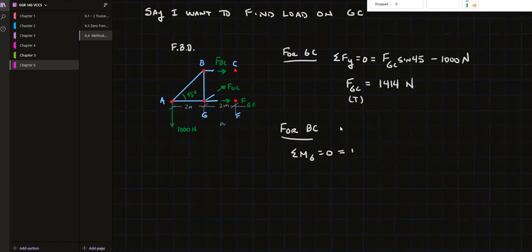So I've got 1,000, and that has a tendency to rotate about G in the positive sense. And then I have minus force BC, which is going to tend to rotate in the negative sense, and that's a distance of 2. If you look up above, you'll see that's a distance of 2. So these cancel out, right? And we end up with just F of BC equals 1,000 newtons. That's also in tension.